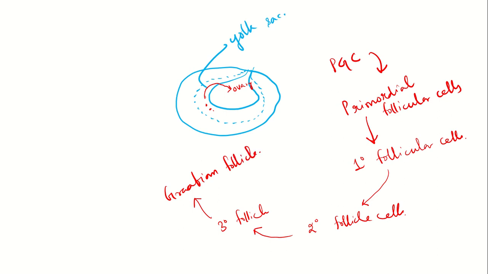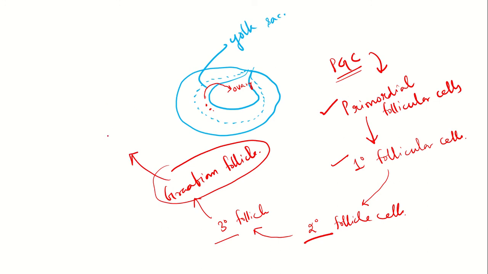So these are the follicles present in the ovary. First is the primordial germ cell that came from the yolk sac to the developing embryo's ovary, then the PGCs form the primordial follicular cells, then the primary, secondary and tertiary follicle cells, which mature to form the Graafian follicle.